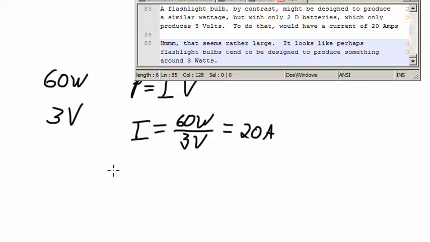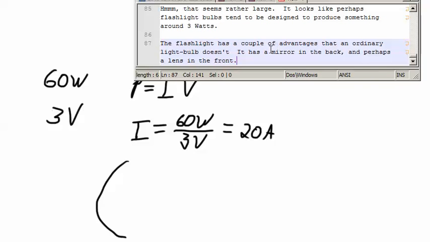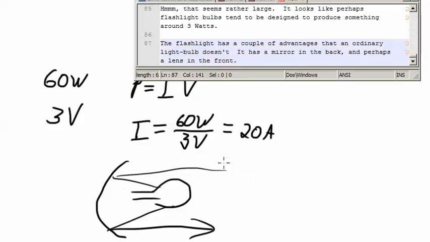The flashlight has a couple of advantages that an ordinary light bulb doesn't. It has a mirror in the back, so that the light comes out, bounces off the mirror and goes straight forward, and perhaps a lens in the front that further collects the light so that it is focused.